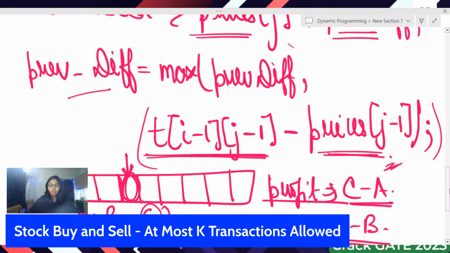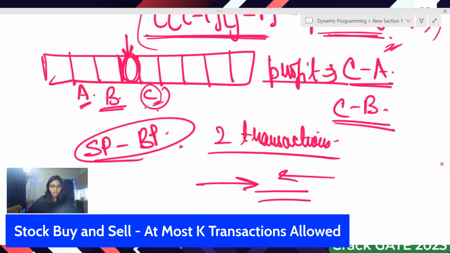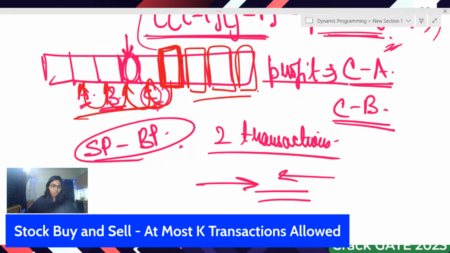We analyze the current value of the stock and then find out at which previous point we can buy it so that we can maximize the profit. You need to do this for each and every cell, so that's why we need to iterate through two loops. That is the concept involved in this.